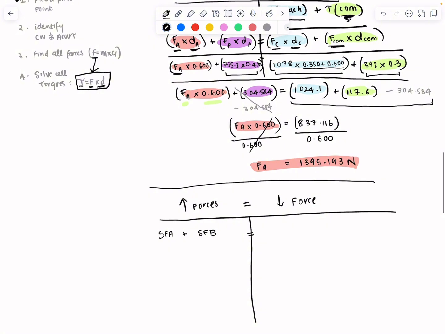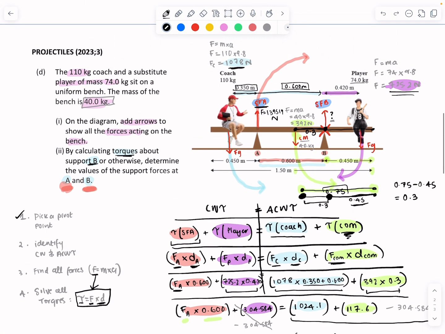What else do we need to do? We need to find all the downwards forces. So let's highlight them. We've got our coach, and he is providing a downwards force. What else? We've got our center of mass, that is also a downwards force.